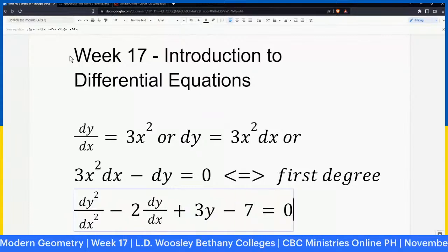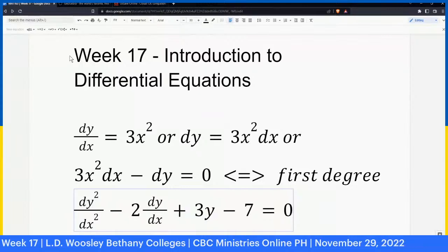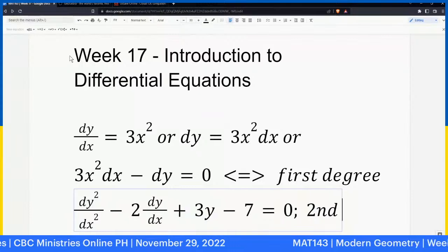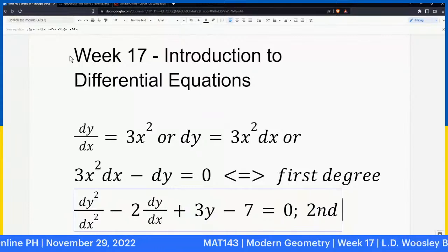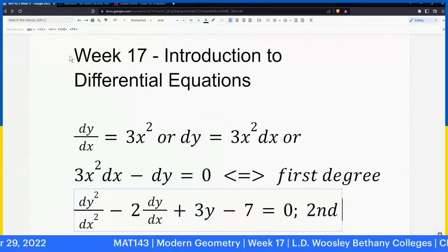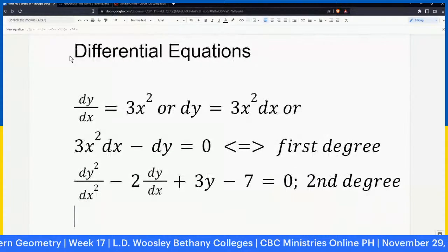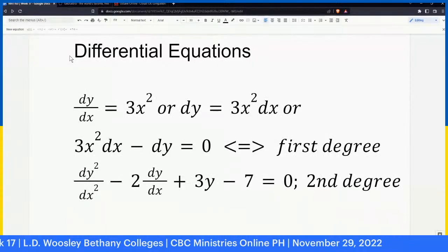So this is actually a second degree, an example of a second degree because the highest differential is equal to 2. That's how we will categorize differential equations.